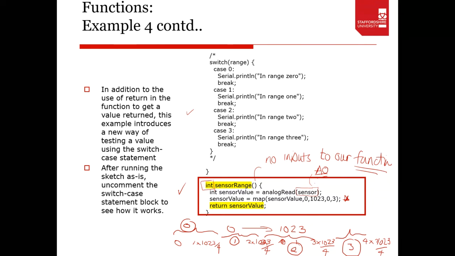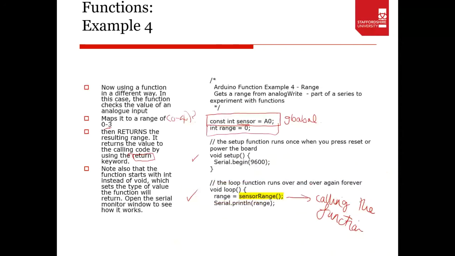And then we're returning sensor value to the main program or wherever it was called from. So we're back here. So range now has a value of 0 to 3. And we're going to print that value as range, which is very similar to the example that we did in the quiz, but without the function.